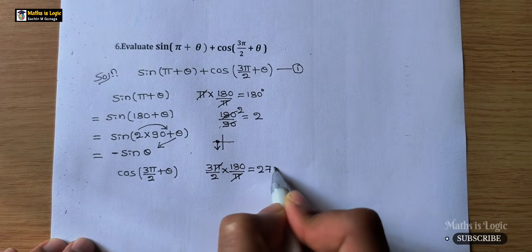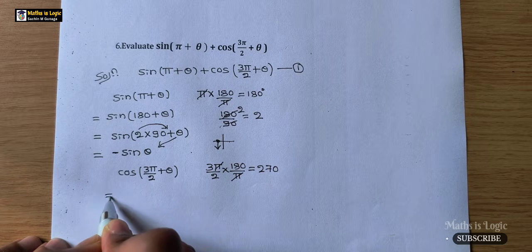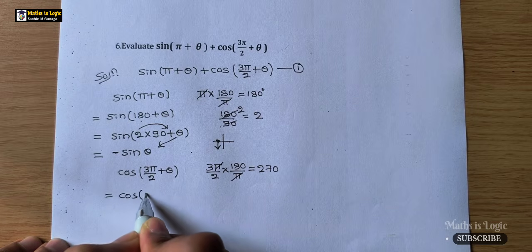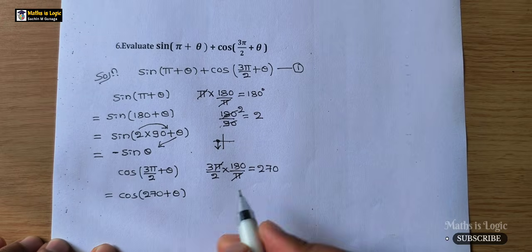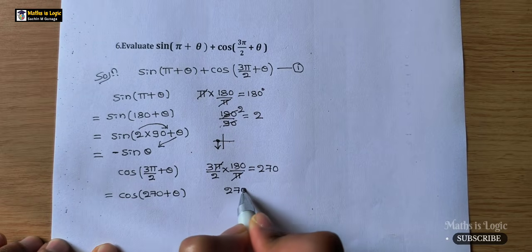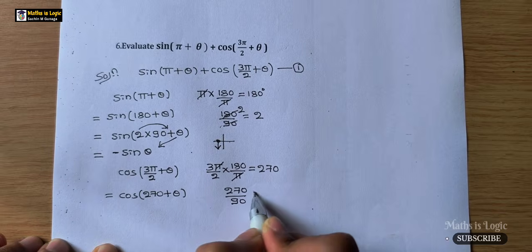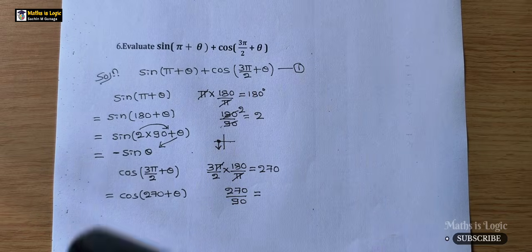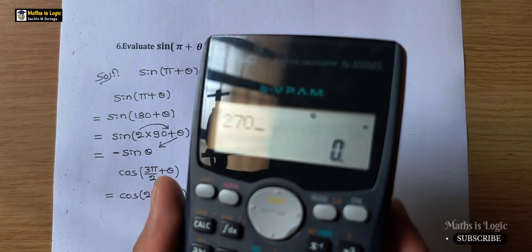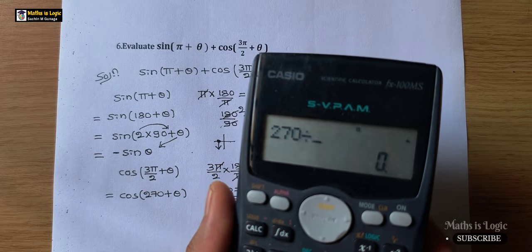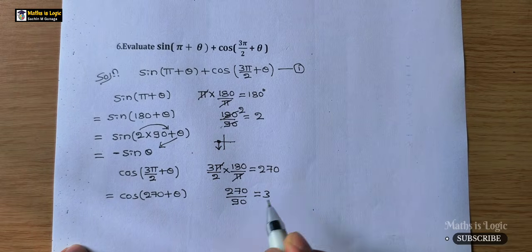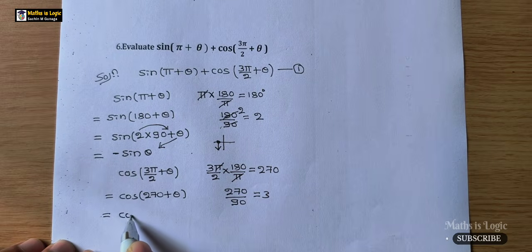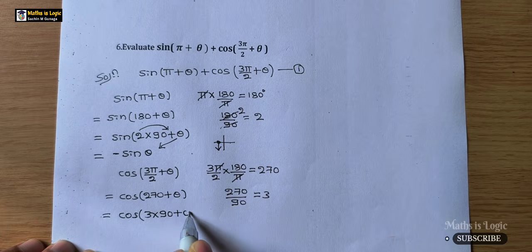So 270 degrees. So this is cos(270 + θ). Next, 270 divided by 90. How much? 3. Therefore, how to write this? Cos(3 into 90 plus θ).